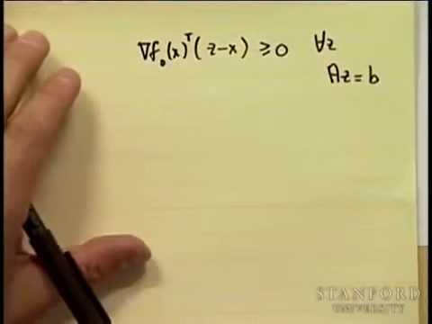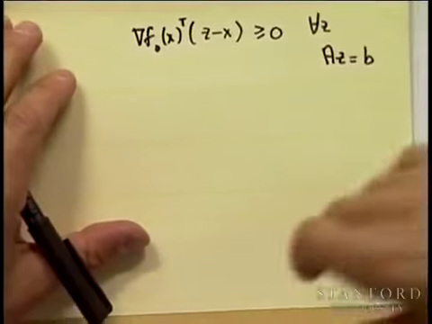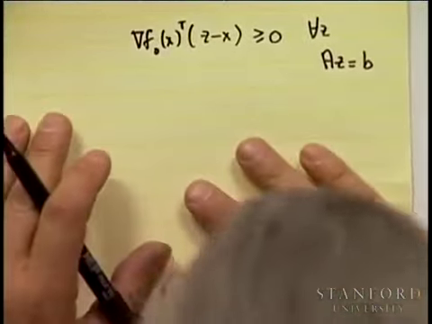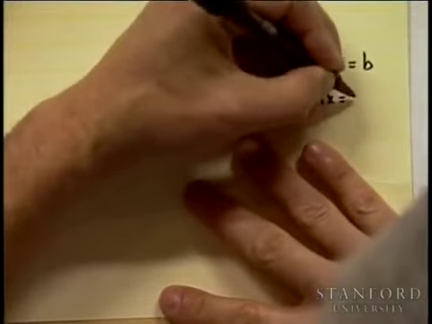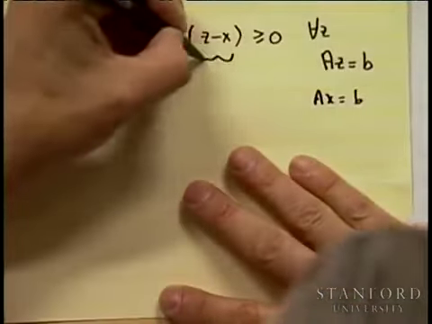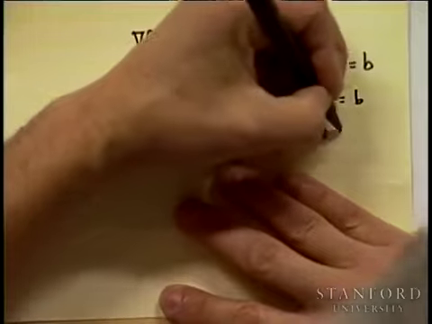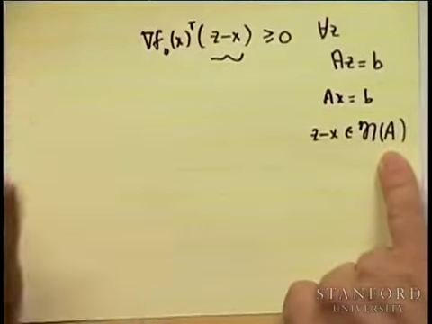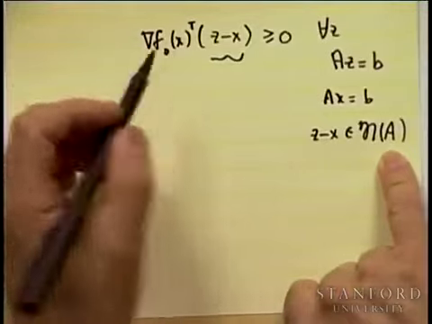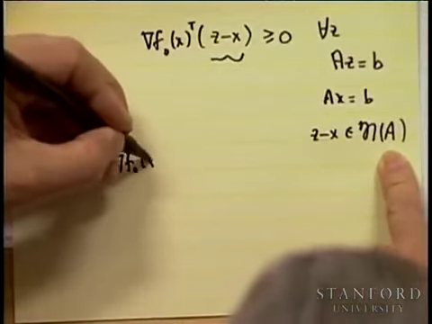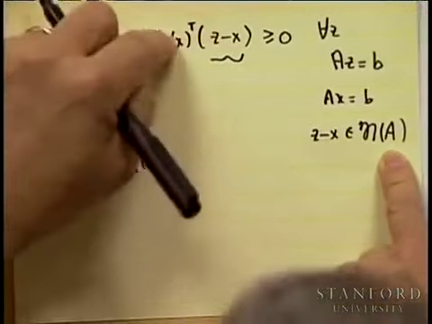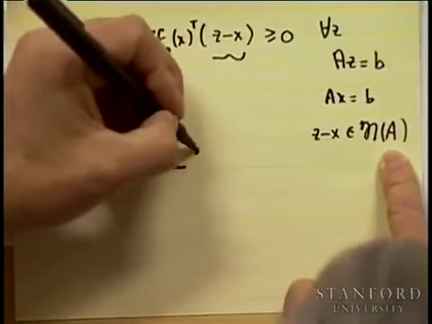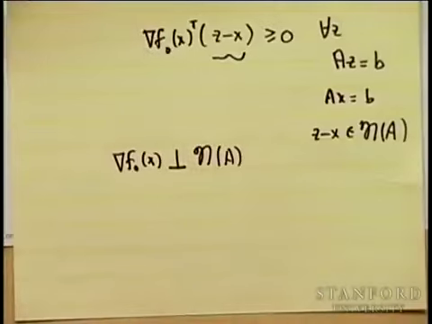We also know that Ax equals b, and what we see is that z minus x is in the null space of A. So this says that the gradient of f0 of x is orthogonal to everything in the null space of A.